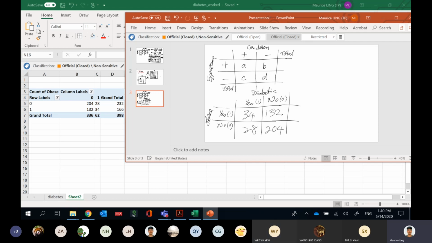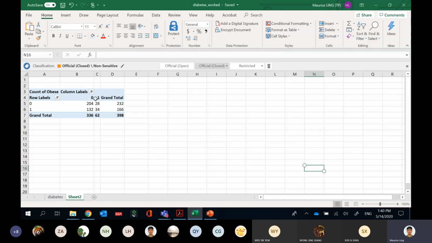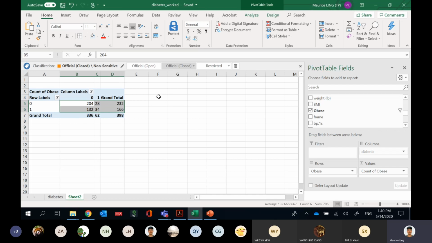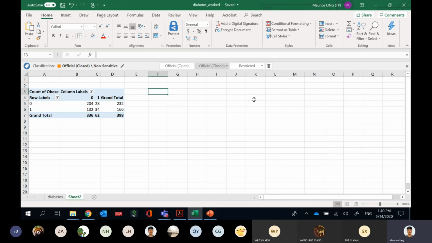Yeah. Okay. So now, to make our life a little bit easier, we write it ourselves here. We write it as obese, not obese, diabetic, not diabetic.